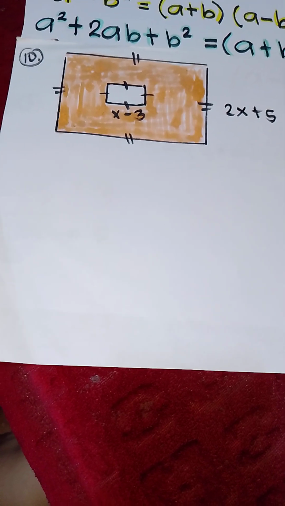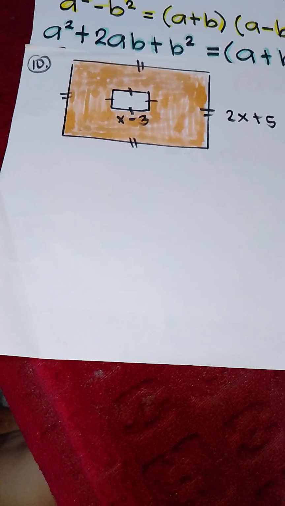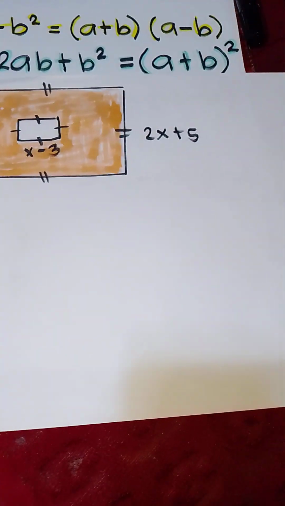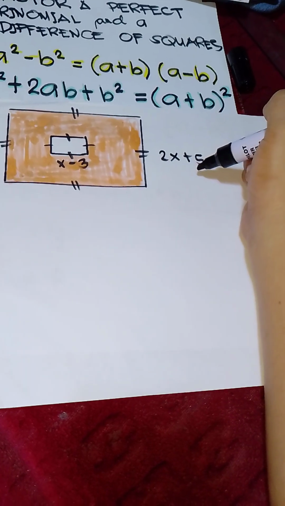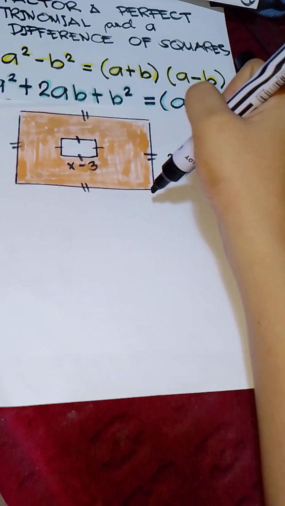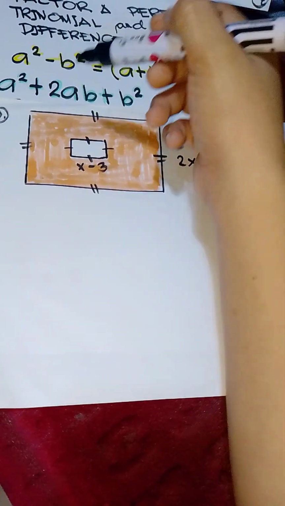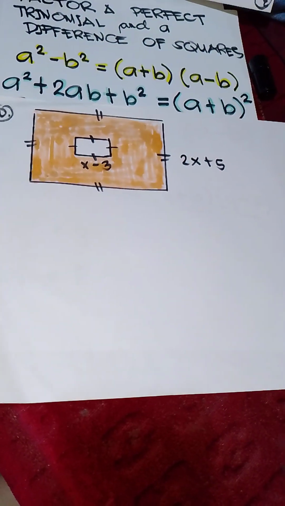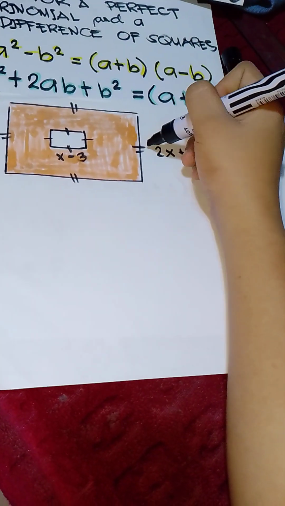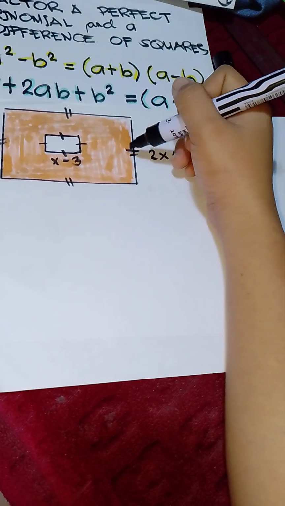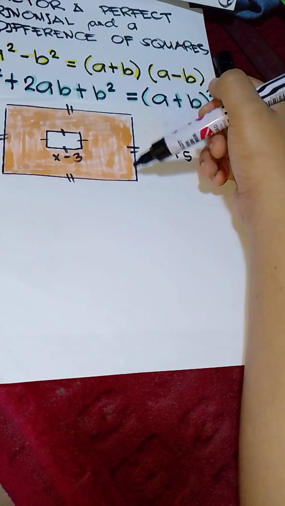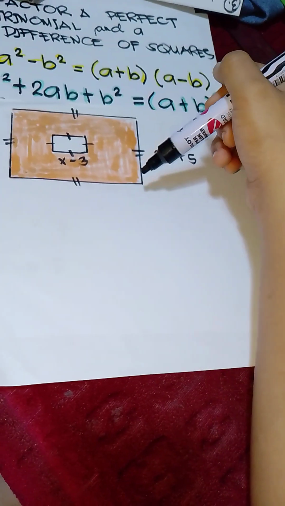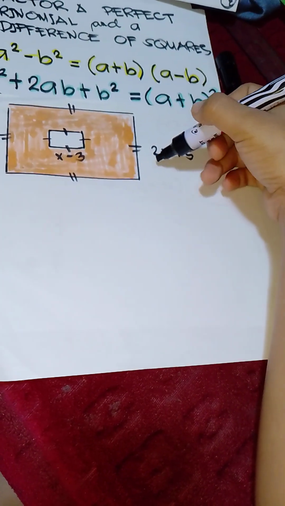of the shaded region. Okay, so we have here, this side measures 2x plus 5, and also this one equals also for this one and this one. So if you have a symbol like that, it means that these 4 sides are all equal to 2x plus 5.